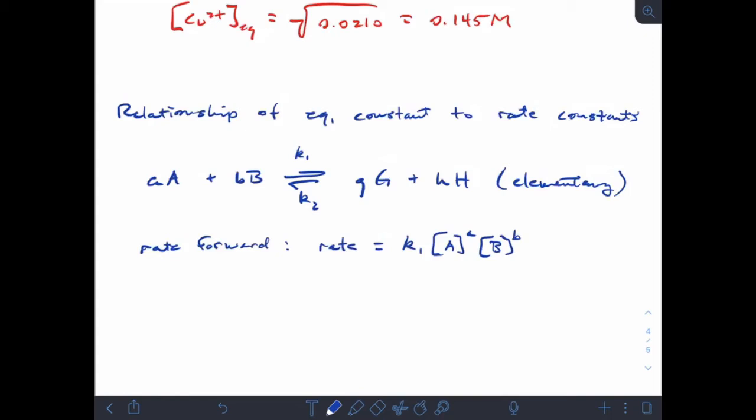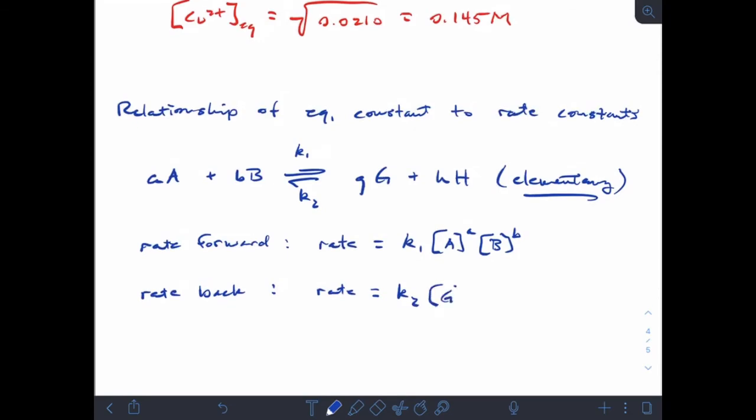Because they're elementary reactions. Remember that's why we're saying [A] to the a, [B] to the b, right? So our rate back will be rate equals k2 [G] to the g power [H] to the h power, right?